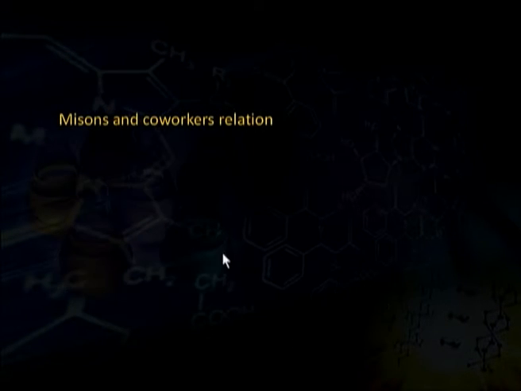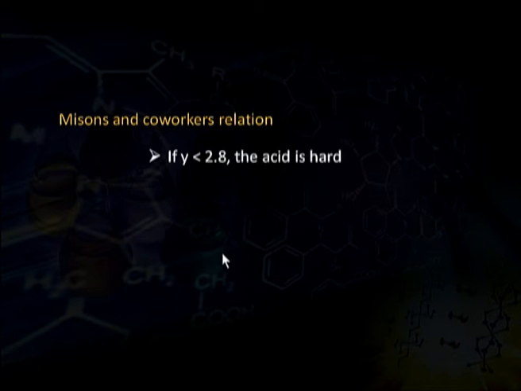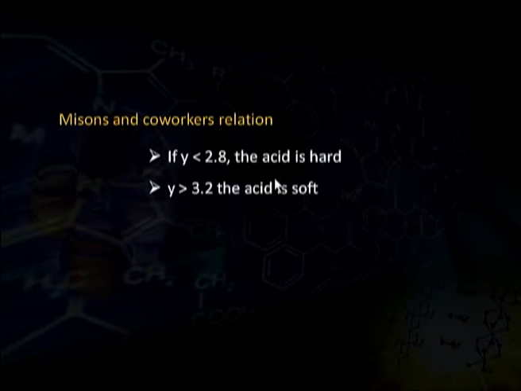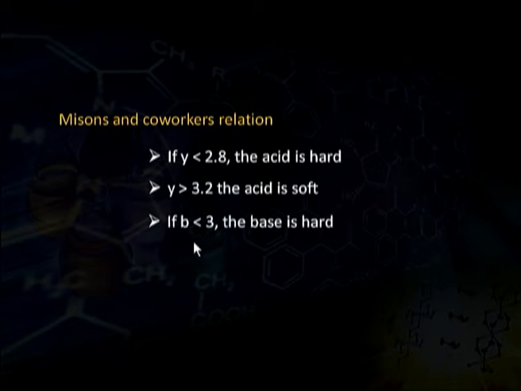According to these co-workers, if the value of Y is less than 2.8, the acid is a hard acid, and if the value of Y is more than 3.2, the acid is a soft acid. Similarly, if the value of B is less than 3, the base is a hard base, and if the value of B is greater than 5, the base is a soft base.